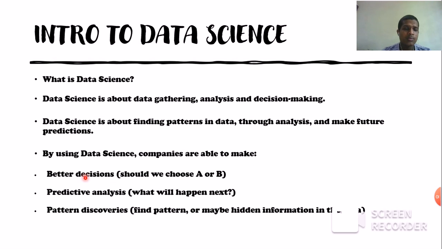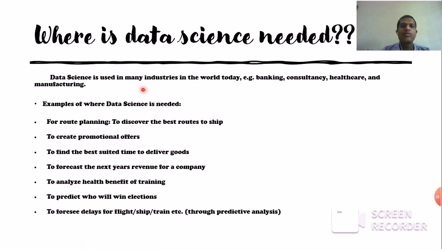And predictive analysis: what is going to happen in the future? Pattern discovery means finding patterns or maybe hidden information in the data. Then where is data science needed? Data science is used in many industries in the world today, for example the banking sector, consultancy sector, healthcare, and manufacturing sector.